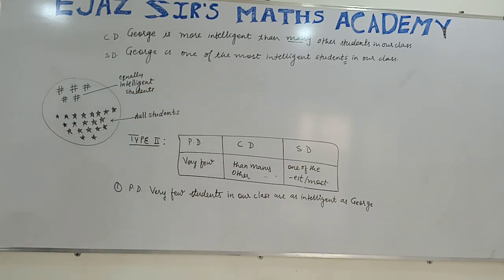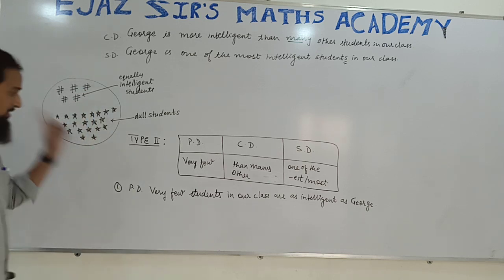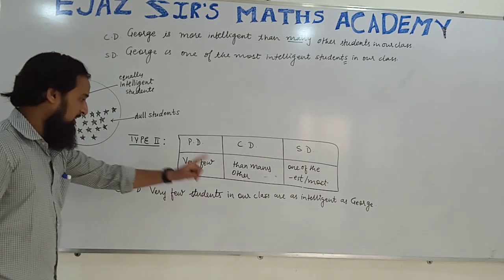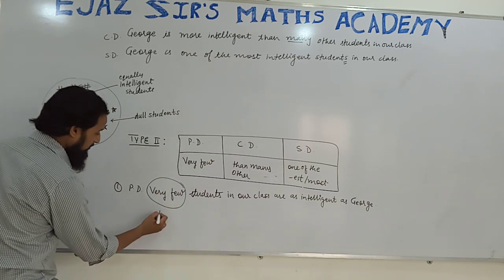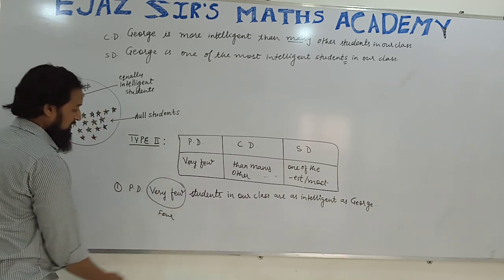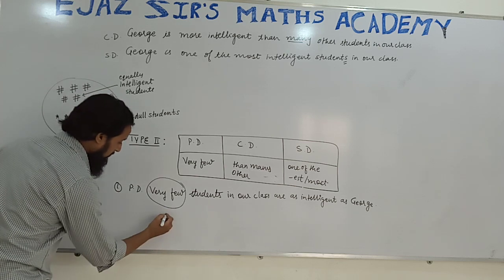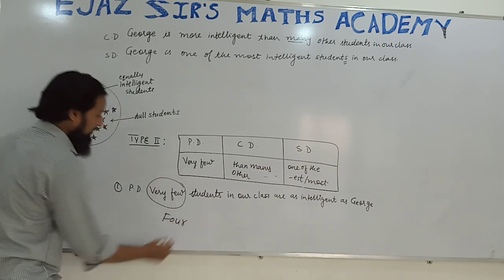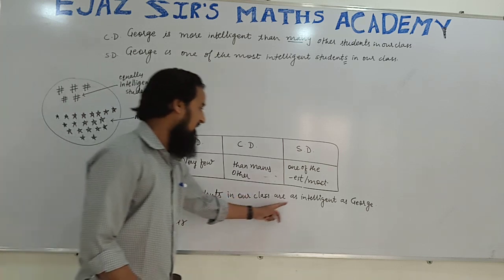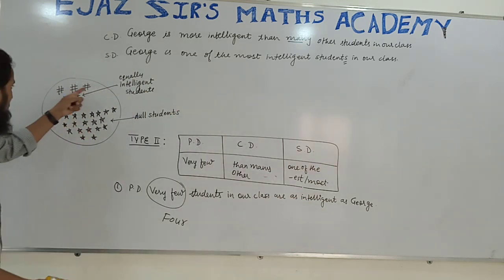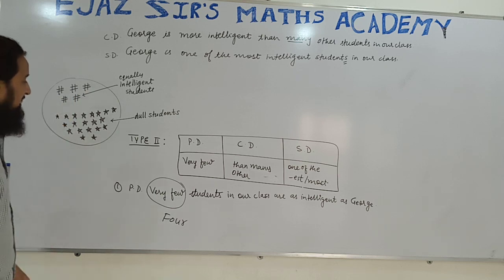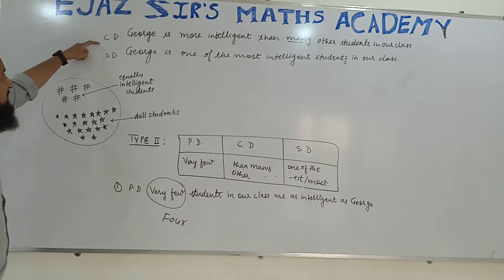So, how many students are equally intelligent in the class? 5 students. So, see the meaning. Very few students. Here, what does very few mean? 4. Very few here means 4. 4 students in our class are as intelligent as George. There are 4 other students who are equally intelligent to George. Understood this meaning? Now see comparative degree.